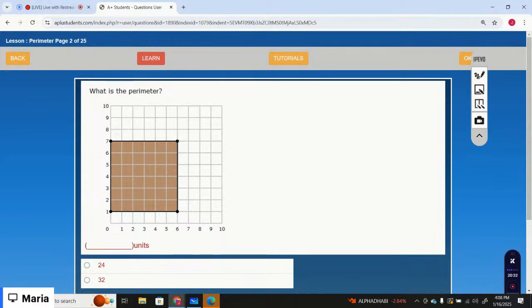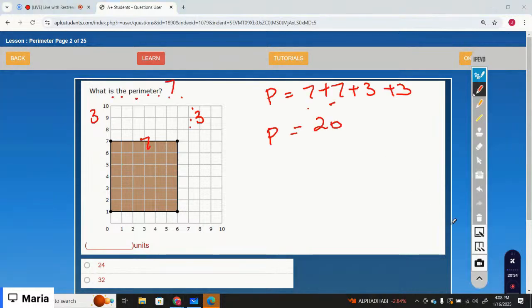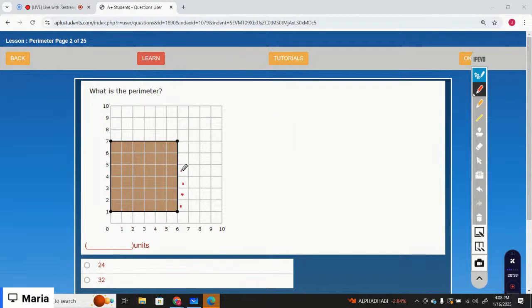Let's just calculate the side lengths and then add. 1, 2, 3, 4, 5, 6. That is also 6. 1, 2, 3, 4, 5, 6. So that is a square.